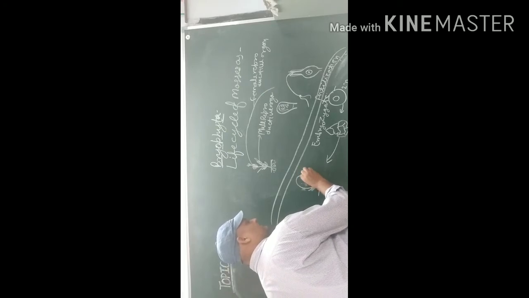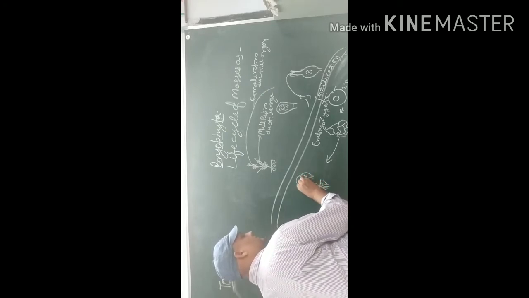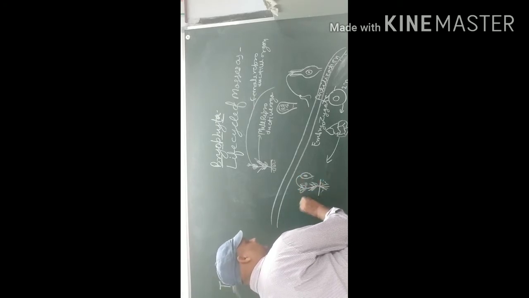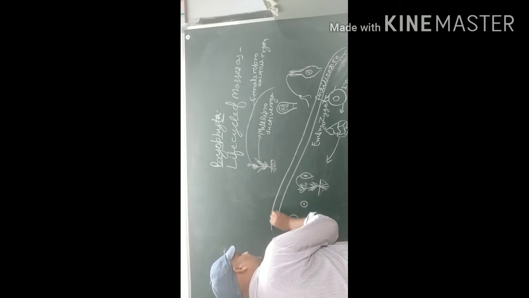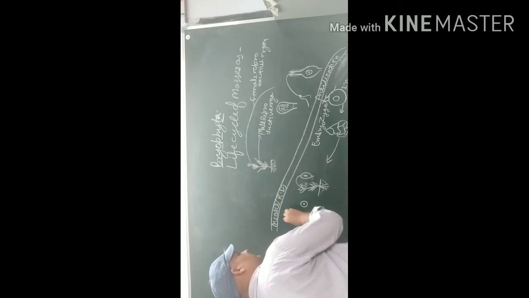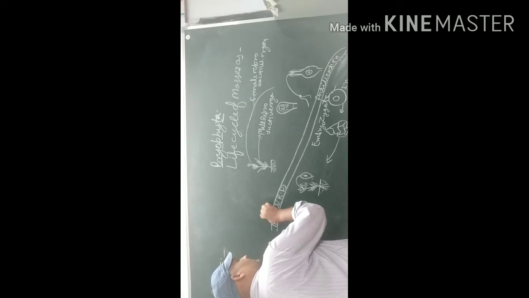The sporophyte is composed of a capsule in which spores are formed. The spores are diploid at first. After some time, reduction division, meiosis, takes place and the spores convert into haploid forms.